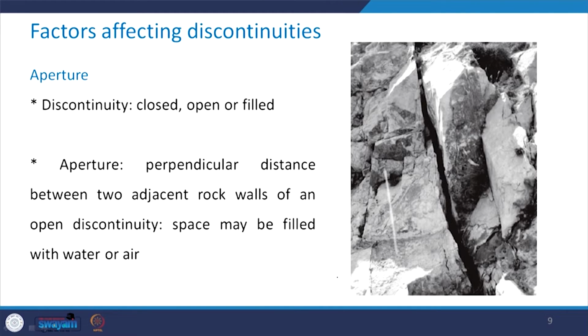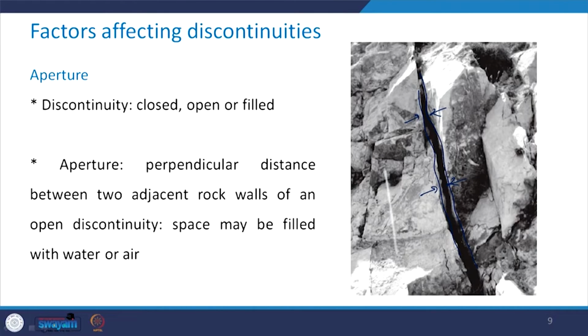This is the picture which has open discontinuities. When we say open discontinuity, it means there is a gap between the two rock surfaces which are forming the surface of the joint. So, you see here this is the one and this is the other one.